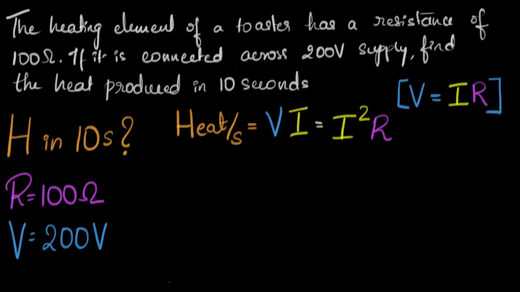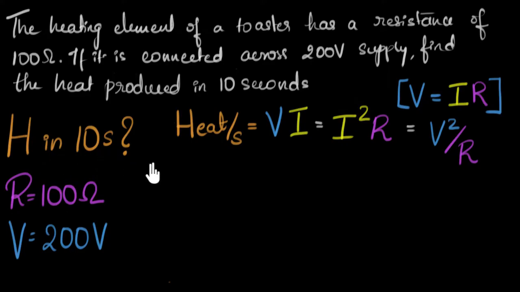And one more thing we can do is get rid of I as V over R. If we substitute V over R here, we'll get V squared over R. And now, because we are given voltage and resistance, we can directly go ahead and use this formula to calculate the heat produced every second. And then from that, we can calculate how much heat is produced in 10 seconds.